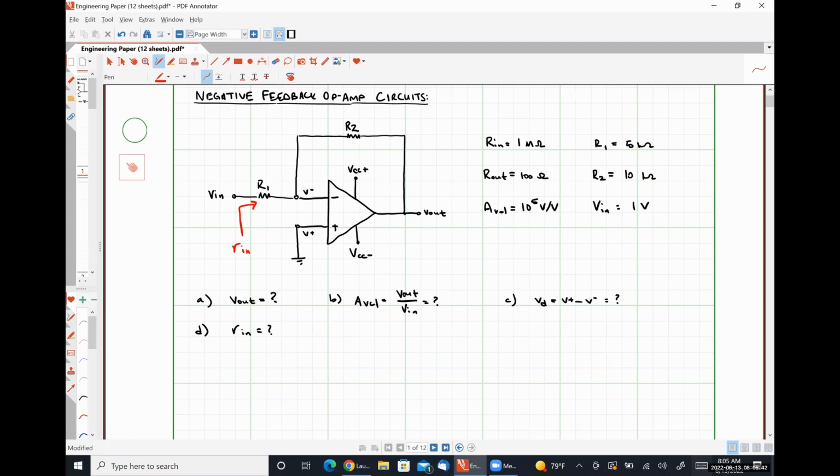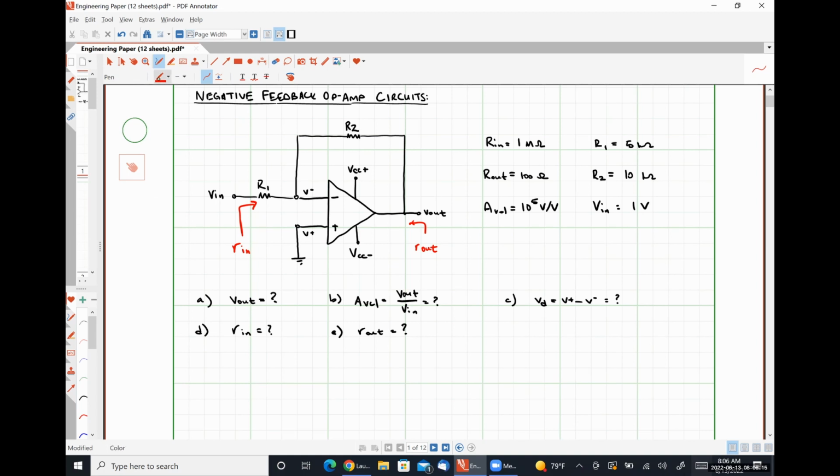This is different than the input resistance of the op amp itself because this is including the effects of feedback. And lastly, we're going to try to find Rout. This is the resistance seen looking into the output terminal of the system, again, including any effects of feedback.